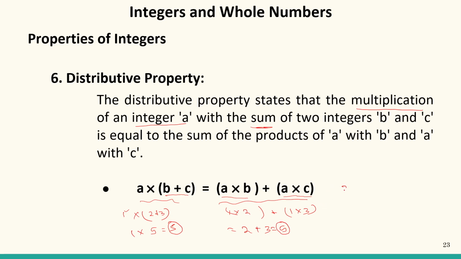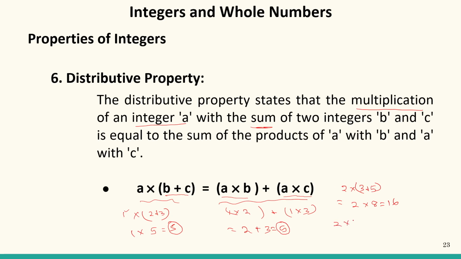Okay, so 2 into 3 plus 5, let's say. This is actually equal to 2 into 8, since 3 plus 5 is equal to 8. So this is equal to 16. So let's see how the right hand side of this will look like.